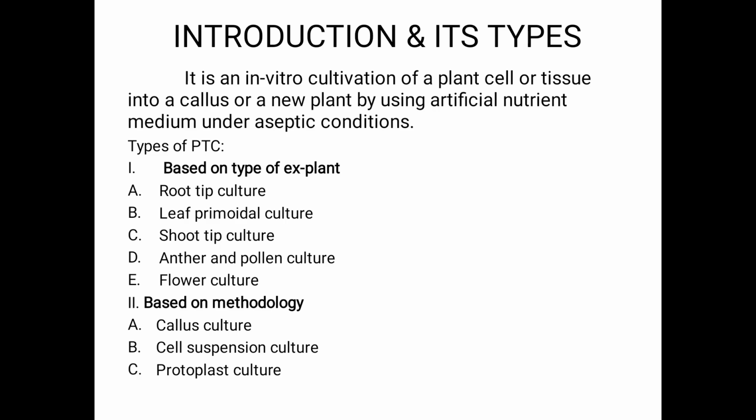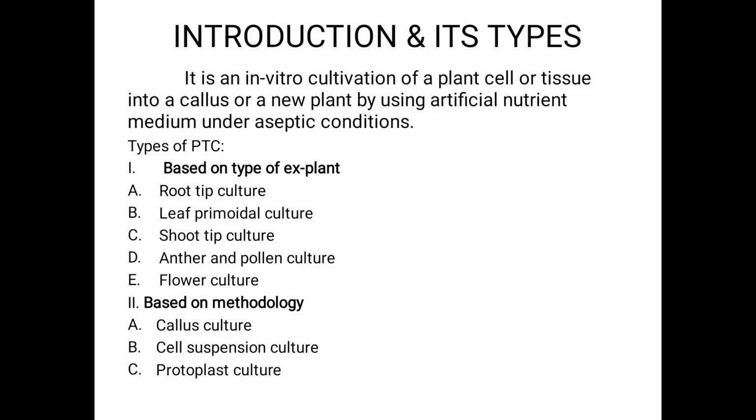So plant tissue culture, now what it is? If you cut the word plant tissue culture into two terms, plant tissue plus culture. Here culturing means growing, developing or producing. Right. So what are we going to produce?